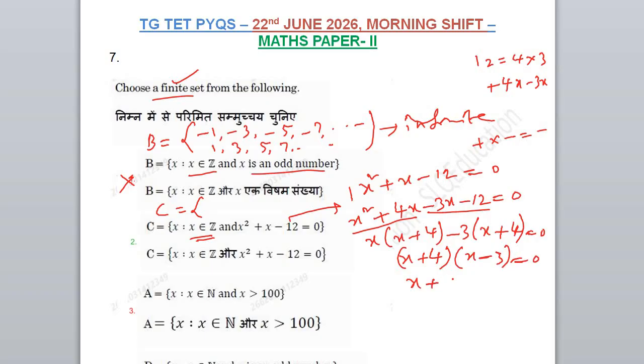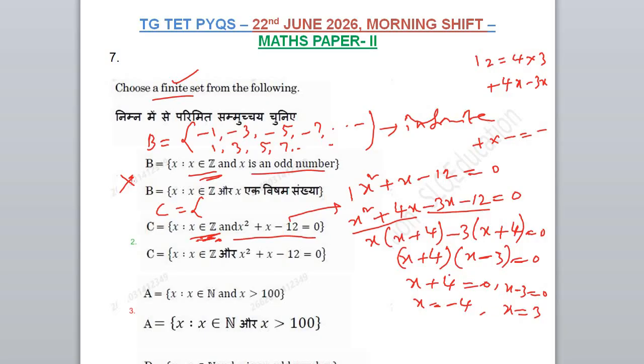So equate each factor with 0. X plus 4 equal to 0, x minus 3 equal to 0. From this, x is equal to minus 4, and from this equation x is equal to 3. So the x values are minus 4 and 3. X should be a member of Z, as well as satisfy this equation.